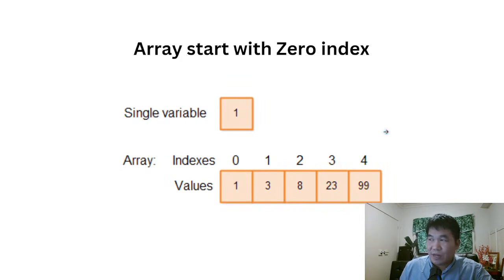In computing memory, arrays always start with 0 index. For example, we have number 1 and 3 and 8 in the computing memory. If we want to access number 1, we have to write 0 index in array.